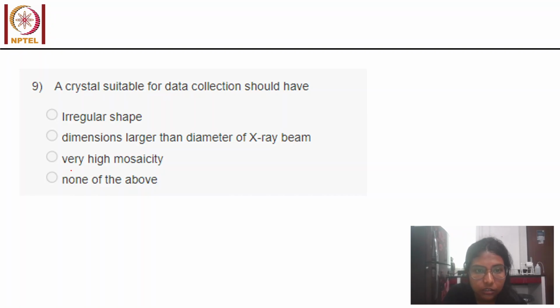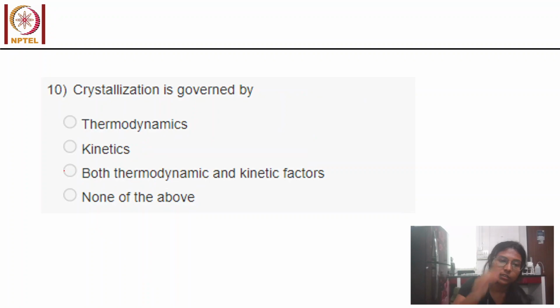Then if a crystal has a very high mosaicity, meaning the domains I'm talking about, it will not be able to fix the unit cell. Hence the answer here is none of the above.